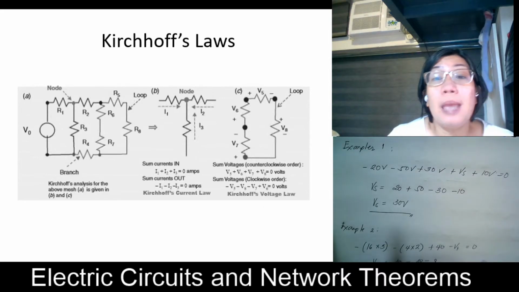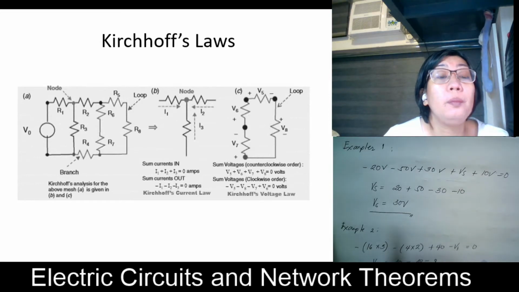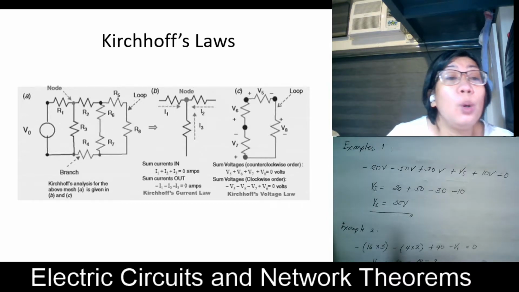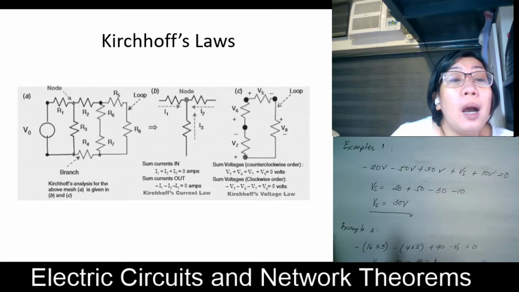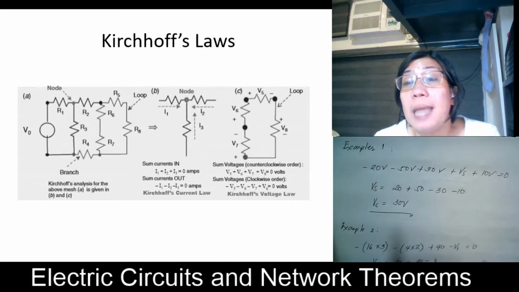Okay? So like this for example, if this is our branch, we have here your node, this is our node, and this is our loop. For example, we will be calling this entering, and then we have here leaving. So the summation is I1 plus I2 plus I3.